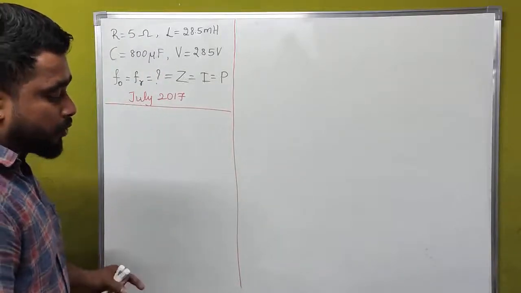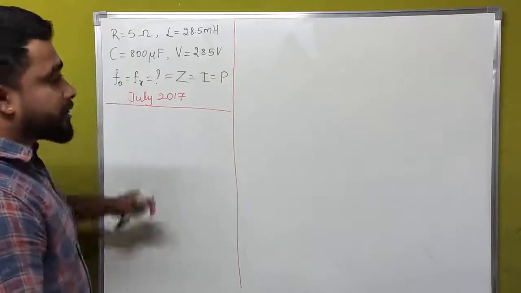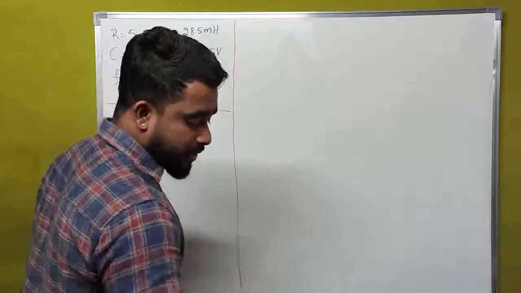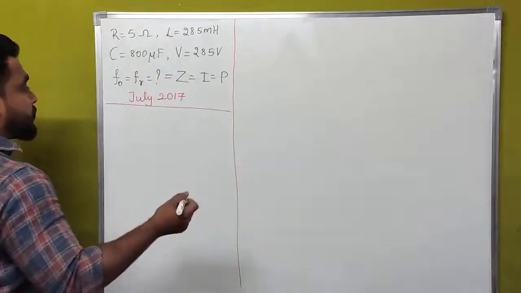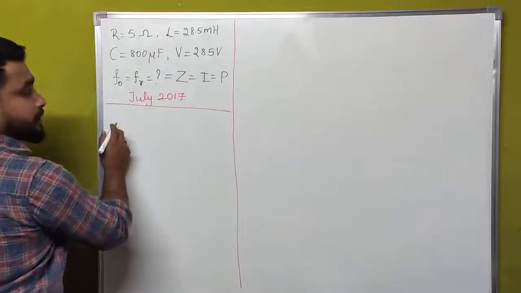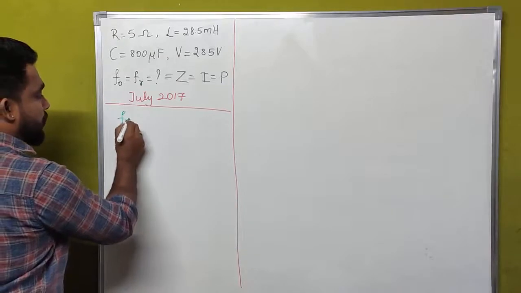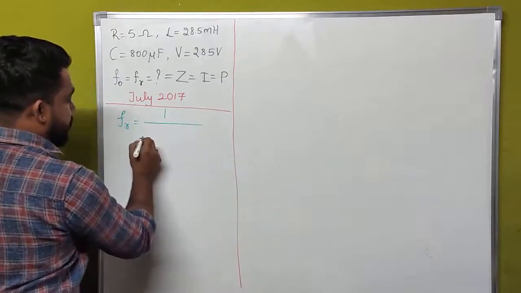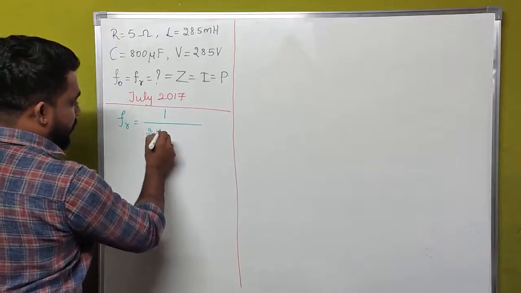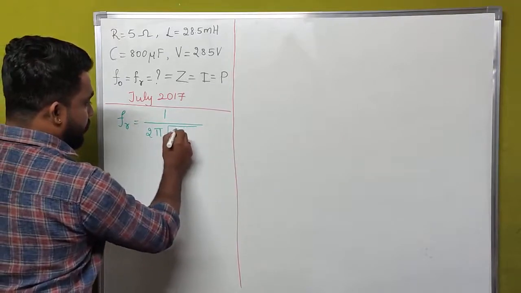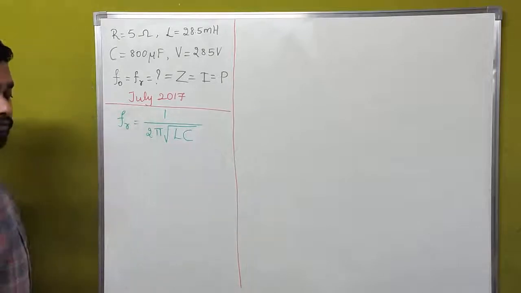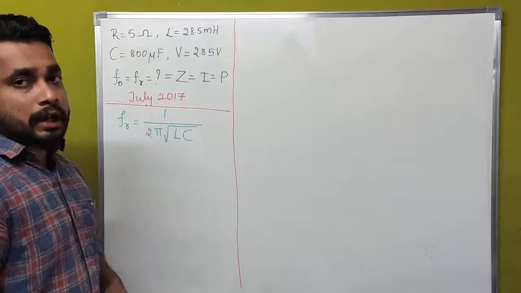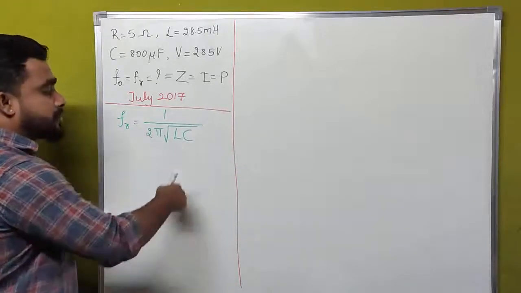Initially we have to find out the value of resonant frequency. What is the expression for resonant frequency in a series LCR circuit? The expression is Fr is equal to 1 divided by 2 pi into square root of L into C. Please go through the earlier concepts of alternating current; we have derived this expression.